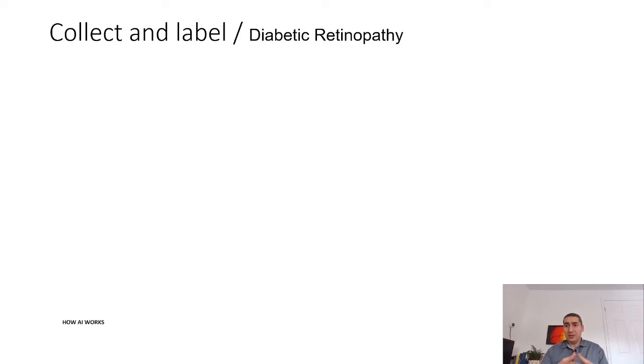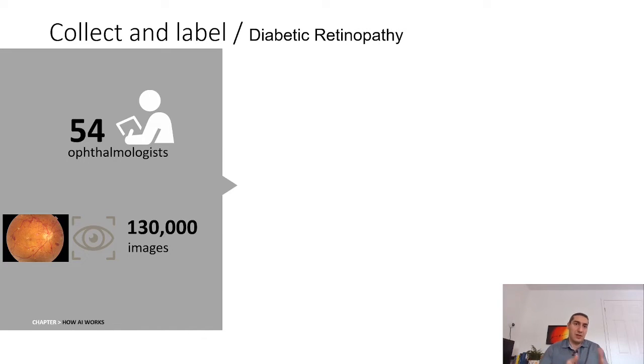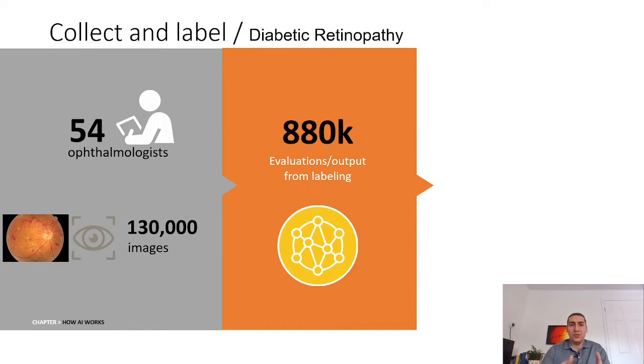I'll take an example, and this is a real example that was done on diabetic retinopathy patients. So these are patients who are diabetic, and this could cause blindness if not detected. So what we had here, we had 130,000 images that were looked at and studied by 54 ophthalmologists, or eye doctors, and we had a result of 880,000 evaluation outputs from the labeling.